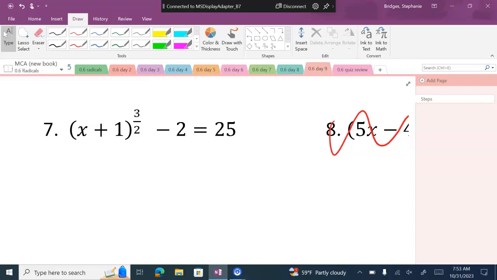Remember, I need to get that term with the exponent by itself first.